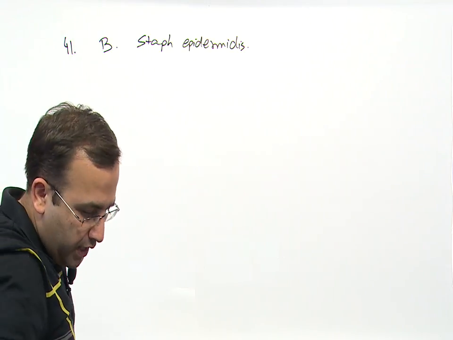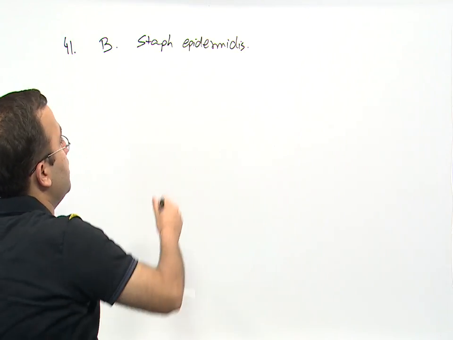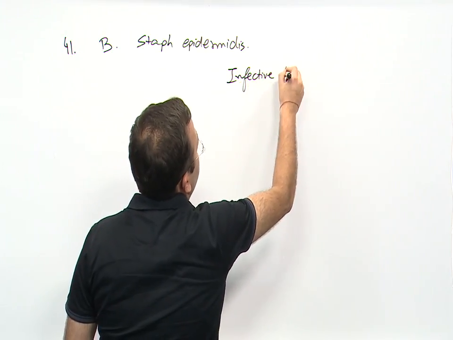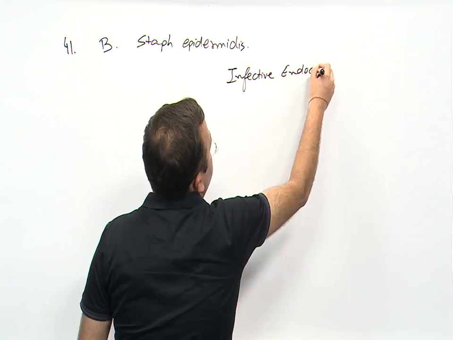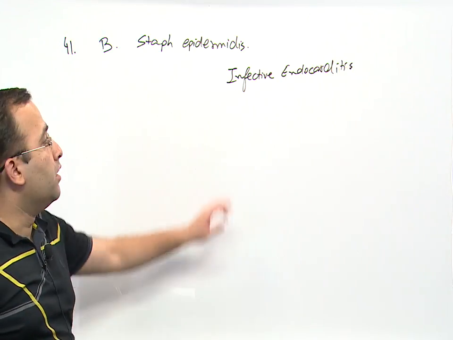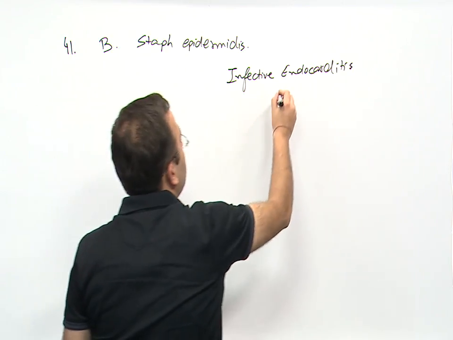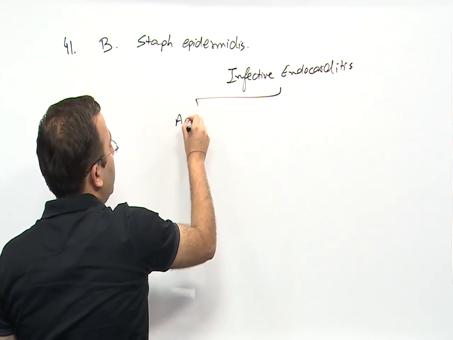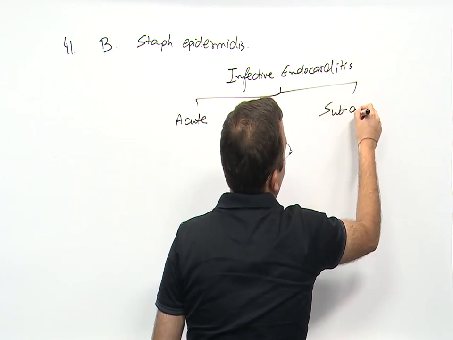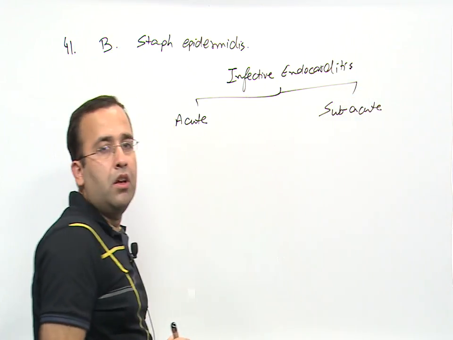So I can divide this as an important set of questions. I can divide infective endocarditis into two main types: acute infective endocarditis and subacute infective endocarditis.